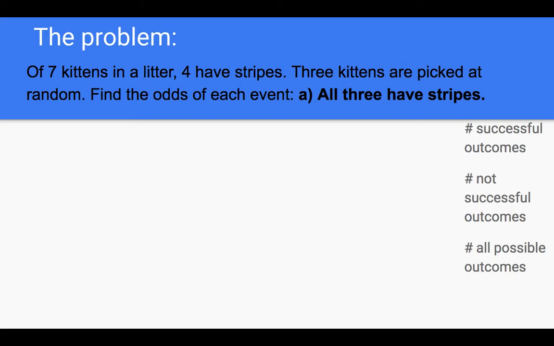And instead of thinking about just the odds right now, let's think about the probability. It's easier to always start thinking about probabilities than odds. Odds are kind of a weird way to present the information. So probability needs the number of successful outcomes and the number of all possible outcomes. So let's think about these questions.